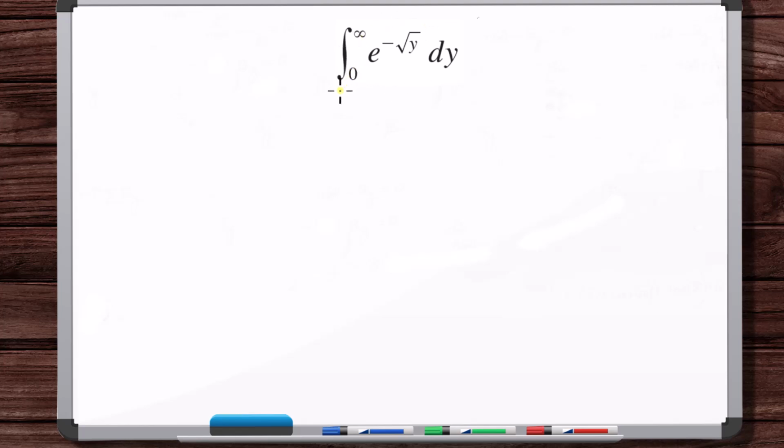Now, one thing I didn't mention in the previous video that I should have mentioned is that it's not like when you have an integral it's either going to be type 1 or type 2. When you have an improper integral, you could have both.